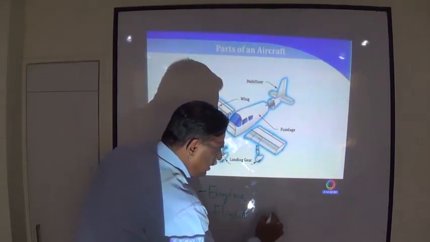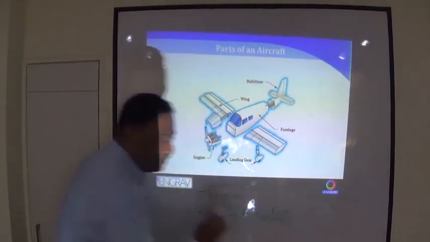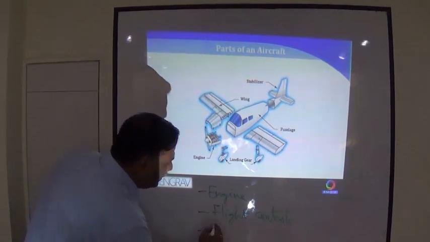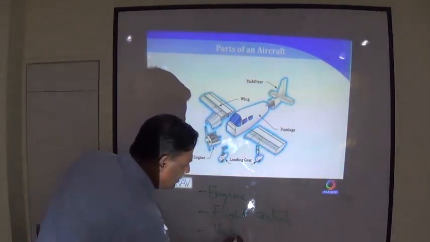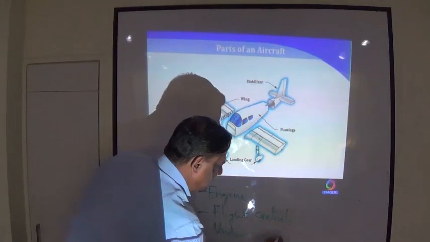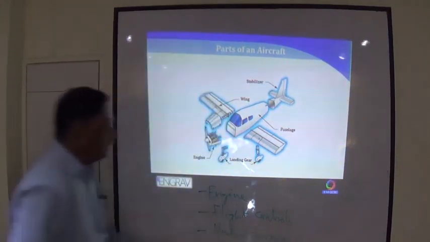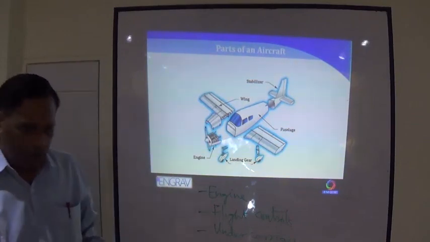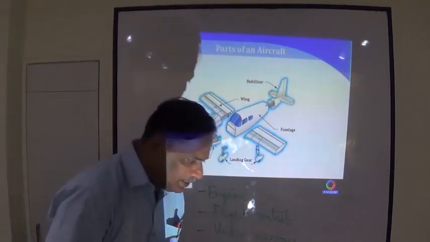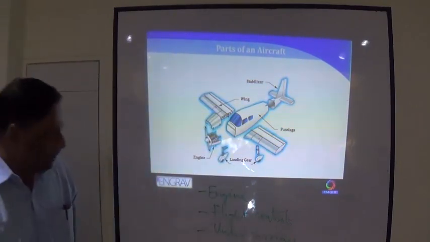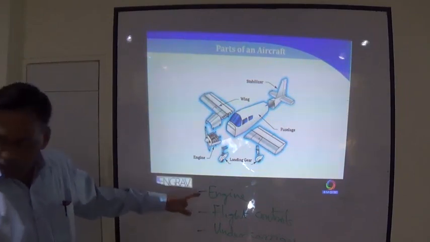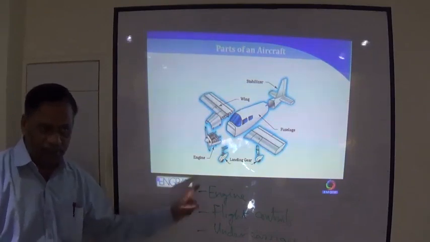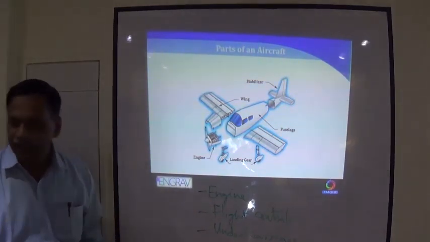Any defect in any of these systems should be seen with seriousness. And third is undercarriage or landing gear. This is what maintenance engineers have been taught, the seriousness with which a maintenance engineer looks at an aircraft defect. If he's a sensible maintenance engineer, he will never take a chance with these three systems: engine, flight controls, undercarriage.